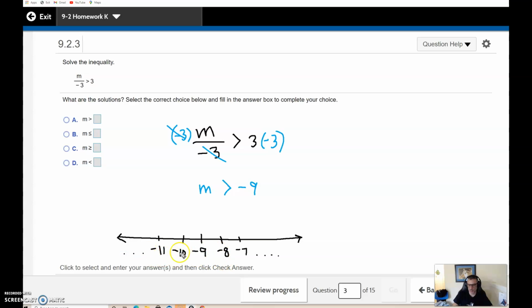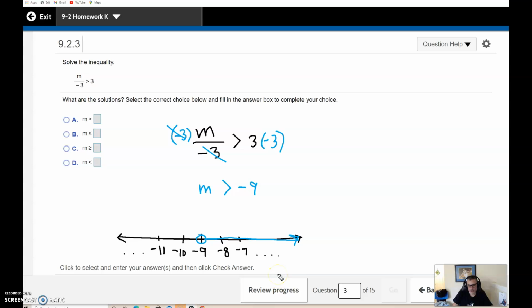So the numbers are set up differently, and that's what causes the problem here. All right, -9, it is just the greater than symbol. And so we put our arrow going to the right.